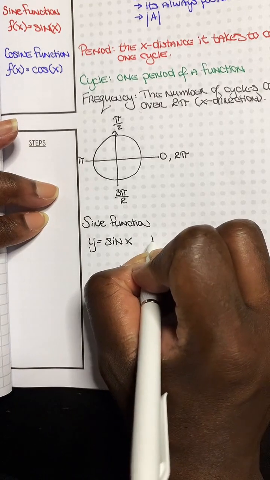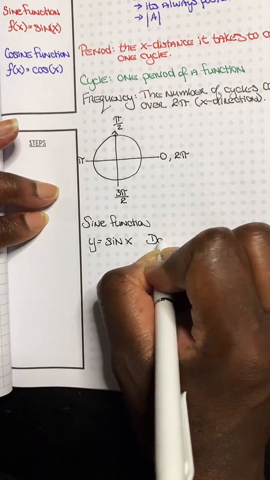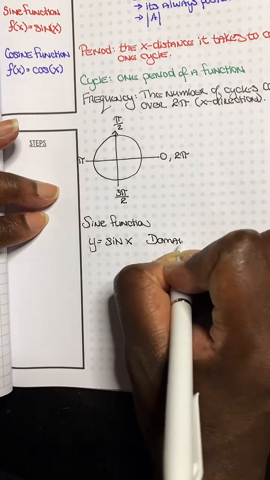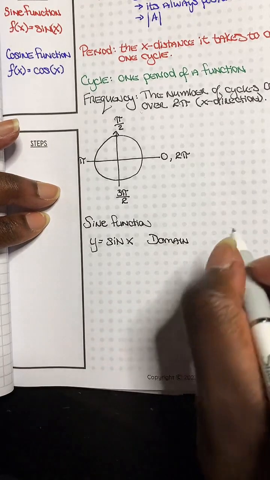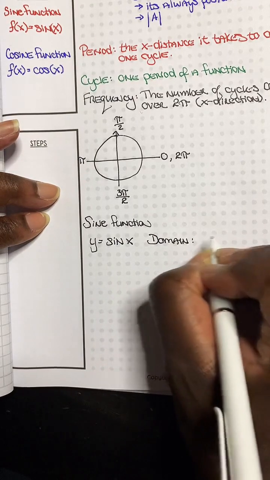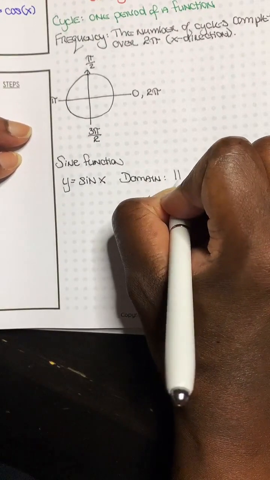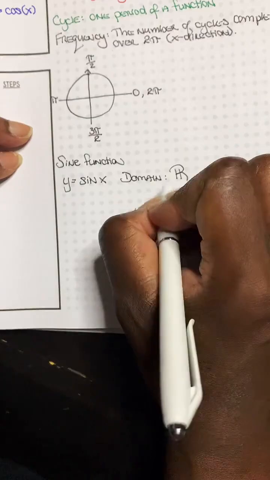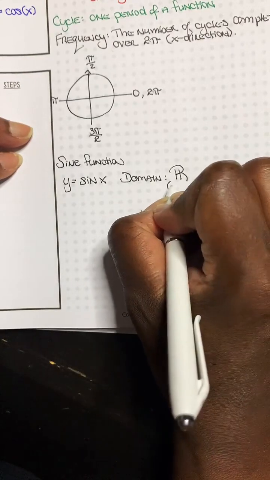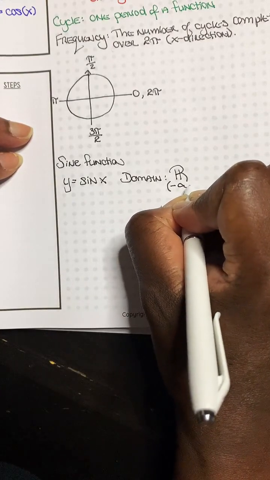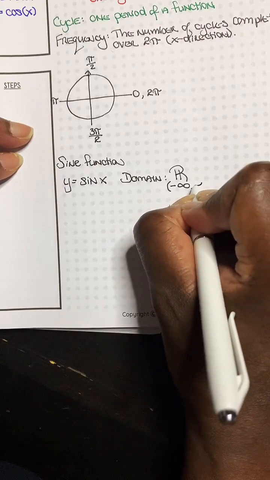The one thing we need to know about it is your domain. Your x's are always all real numbers. All real numbers can be represented as a double-struck R, or in interval notation, from negative infinity to positive infinity.